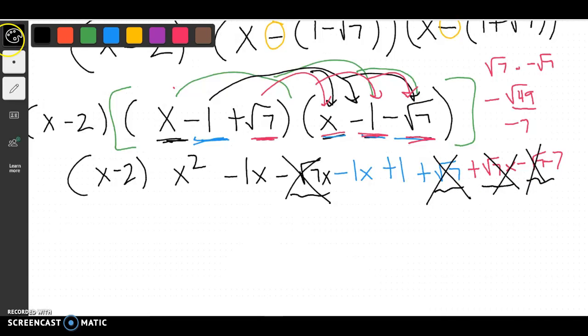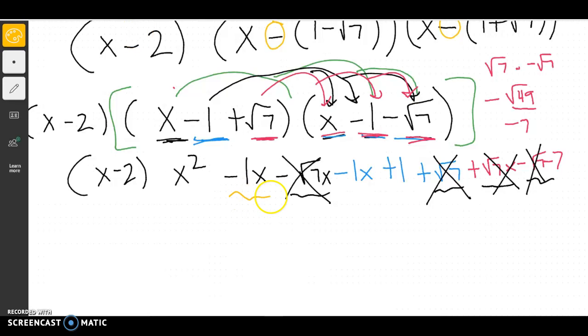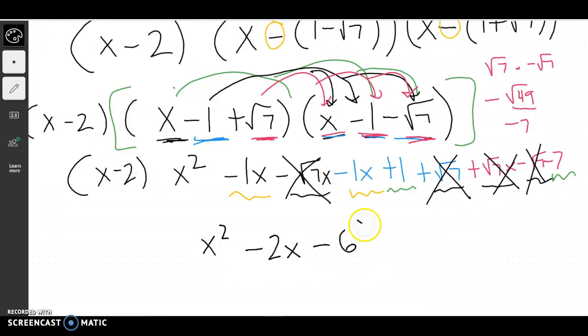Now we're just left with everything else. So, these are like terms. These are like terms. So we would get x squared minus 2x minus 6.